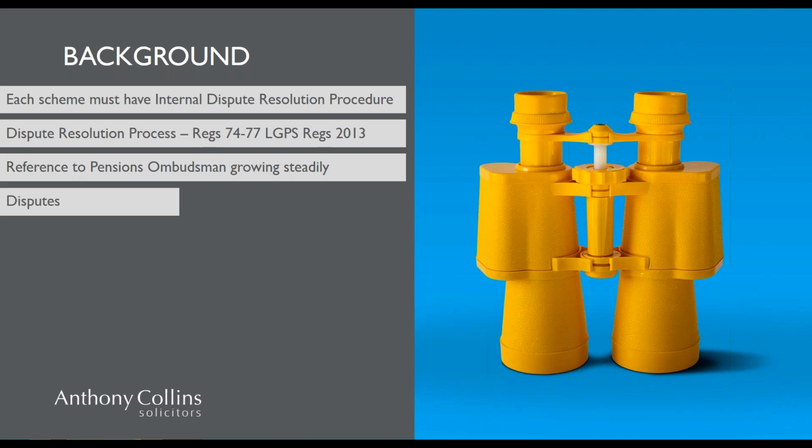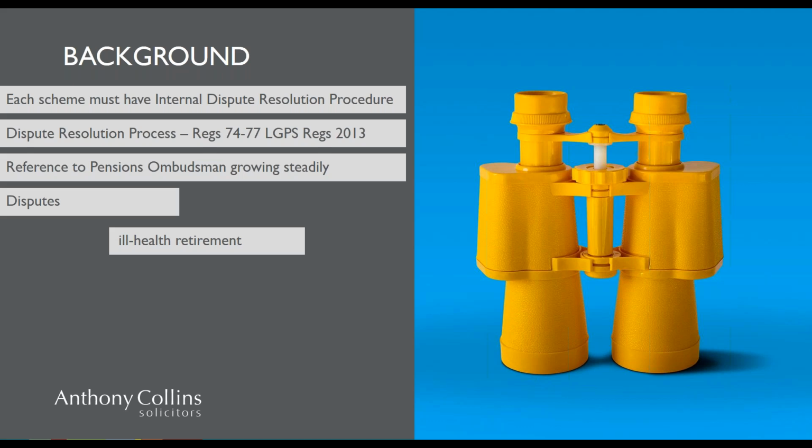When we're dealing with disputes, commonly we see a lot of ill health retirement decisions being challenged, and that's perhaps not surprising really, because ill health retirement benefits under the local government pension scheme are pretty generous and costly for employers, and we therefore see quite a lot of complaints about requests for ill health retirement or early release of pension benefits on ill health grounds.